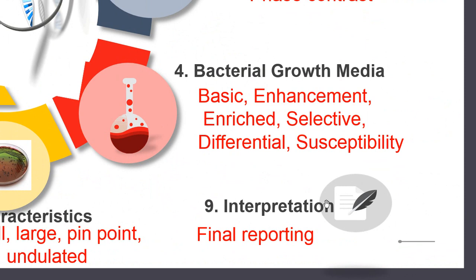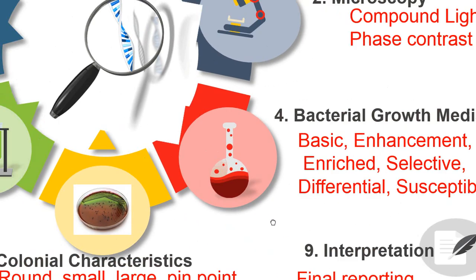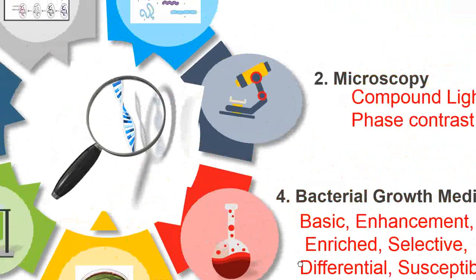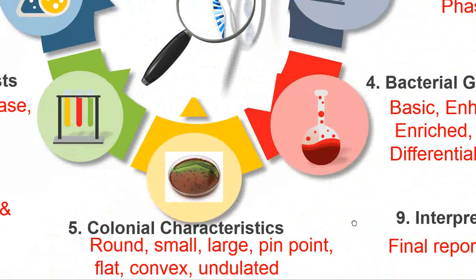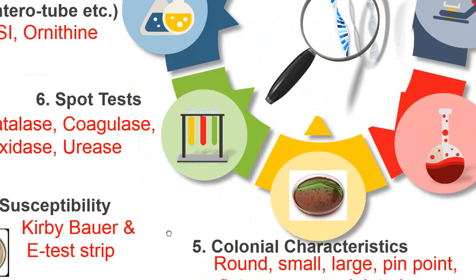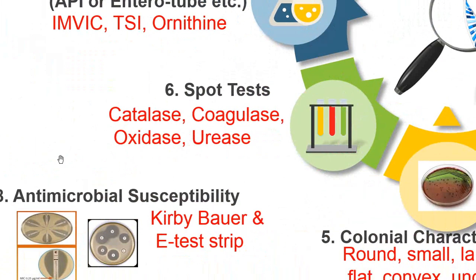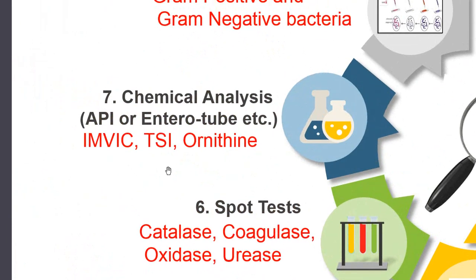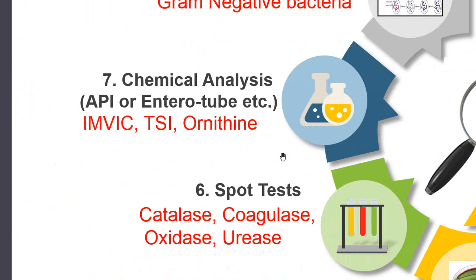After finishing that, we do the final reporting on the basis of all the results that we observed in our morphology, in our microscopy, via our bacterial growth on different types of media, and via the different chemical reactions that we observed during our chemical and spot test analysis.